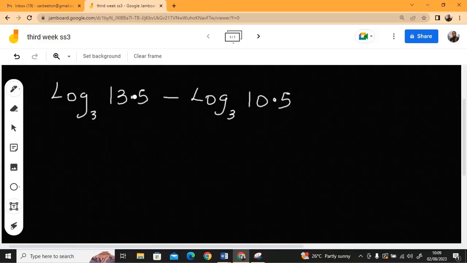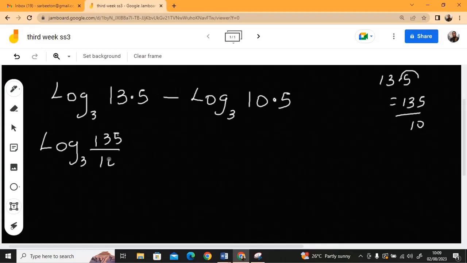So what you do is convert 13.5 to a fraction. It means we just move the decimal point once, right? That will be 135 over 10. So it will be log 3 of 135 over 10 minus log 3.